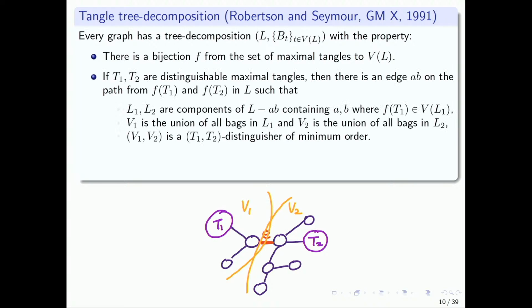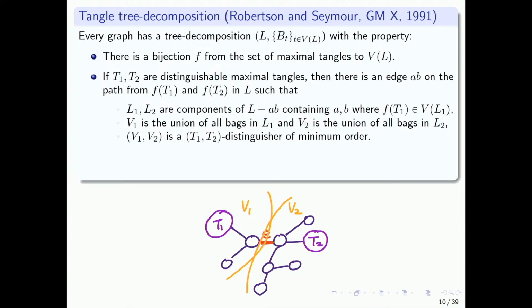So if two tangles, T1 and T2, are distinguishable, then they correspond to distinct nodes, right? And then there is an edge on the path in the tree decomposition where this edge corresponds to the minimum distinguisher between the tangles.